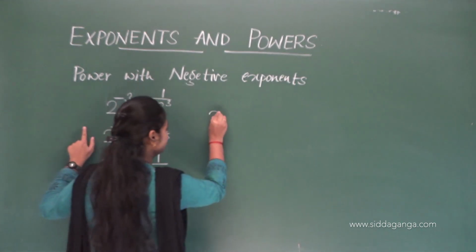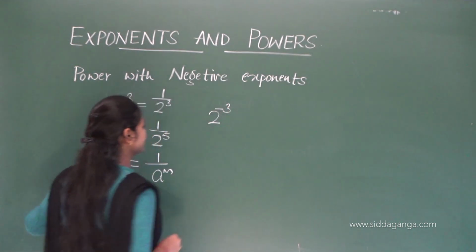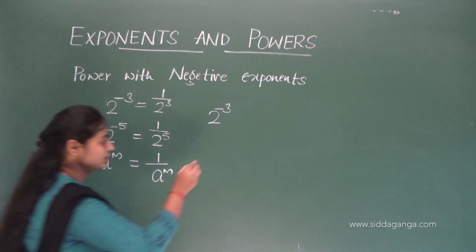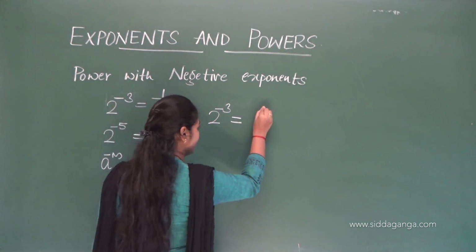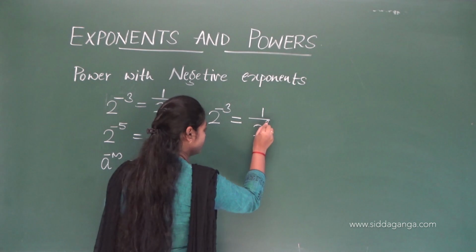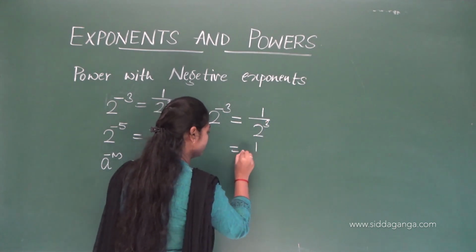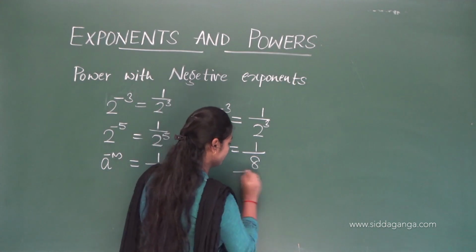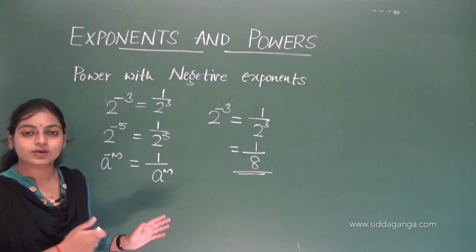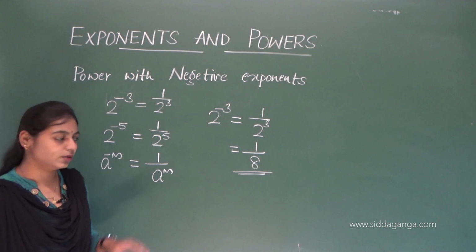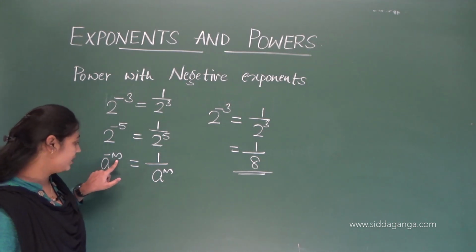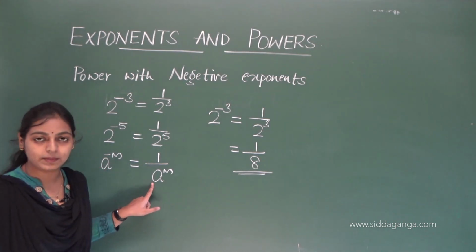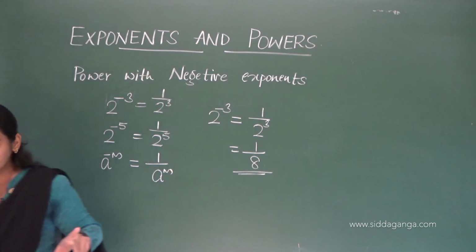So if we are given 2 to the power of minus 3, we write it as 1 divided by 2 cube, which is 1 divided by 8. This is how we go on solving problems. a to the power of minus m is equal to 1 divided by a to the power of m.